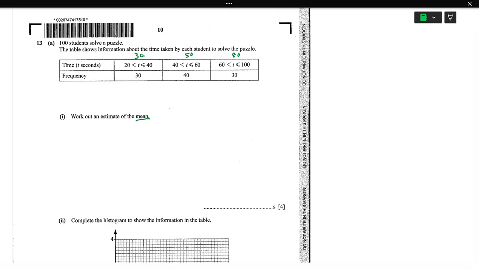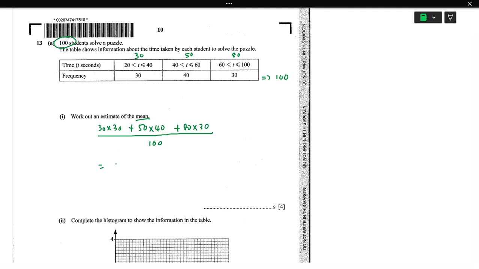Now mid value times the frequency. So 30 times 30 plus 50 times 40 plus 80 times 30 over the total frequency. The total frequency is going to be 100, because the frequency is given. Otherwise, when we add up this frequency, we'll get 100 anyway.